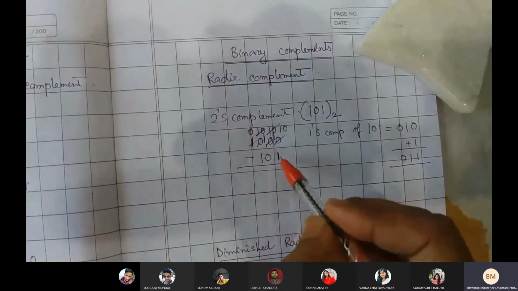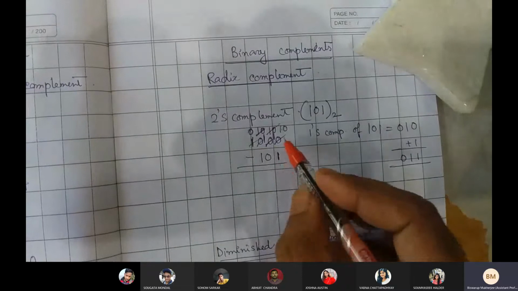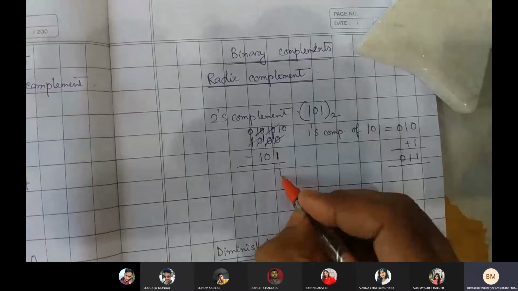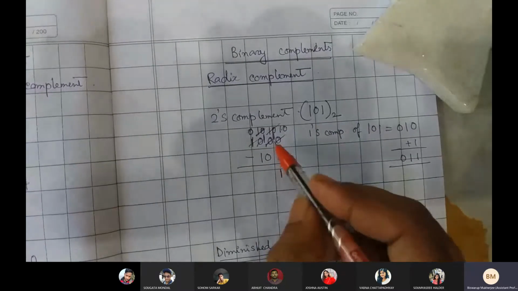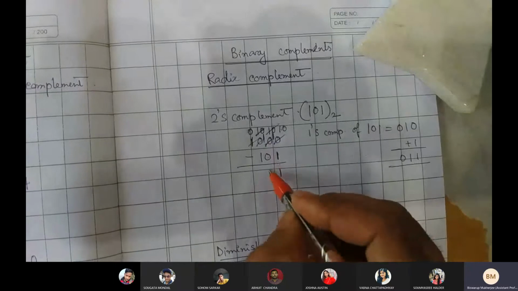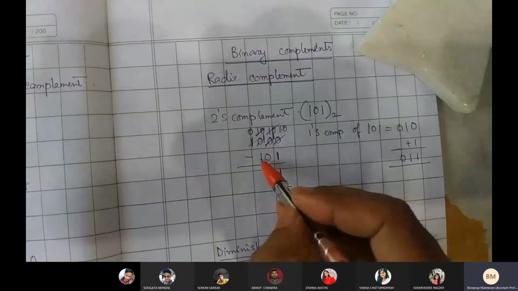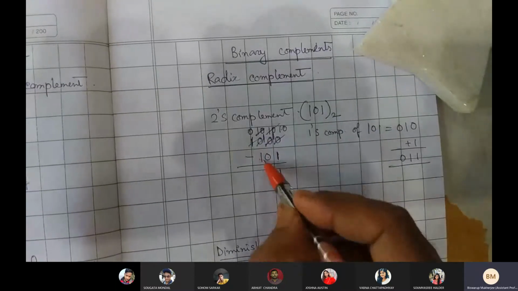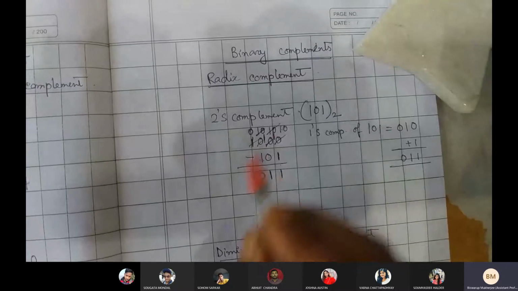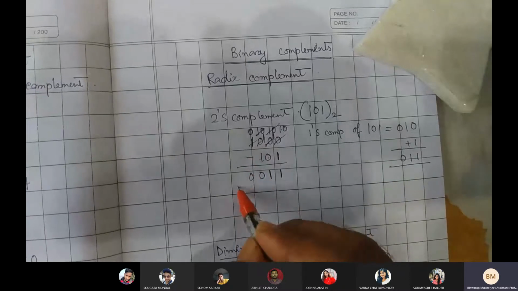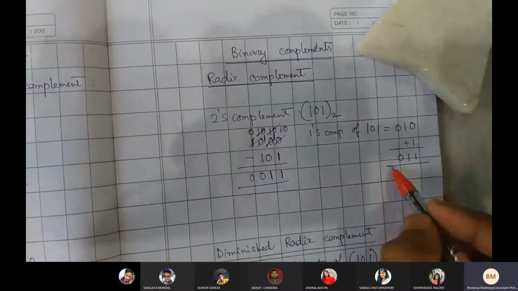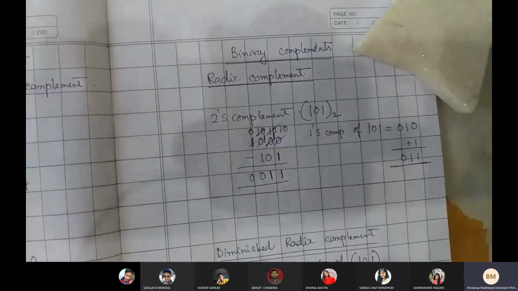So I need to subtract 1 from 10, so the answer is 1. Next 1 minus 0, the answer is 1. Then next is 1 minus 1, that is 0, and it has already gone. So 0 0 1 1. The same thing is coming right over here, 0 1 1.